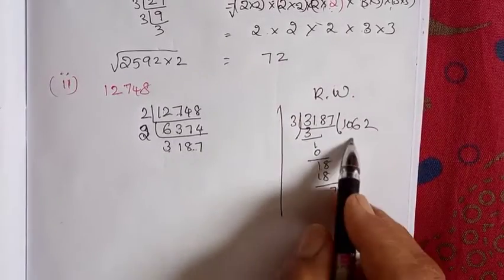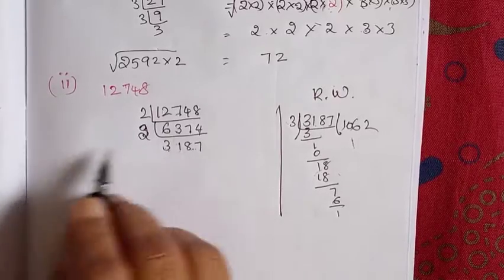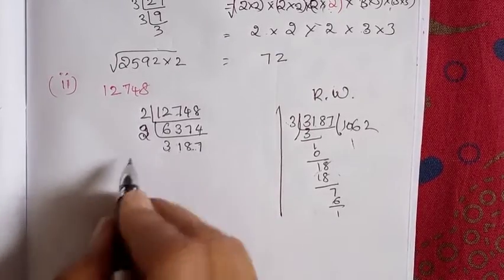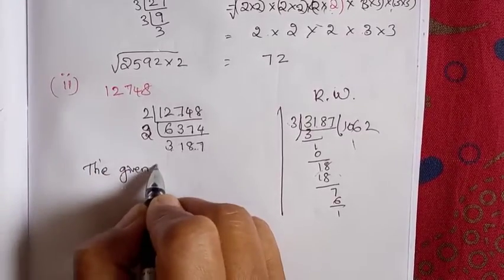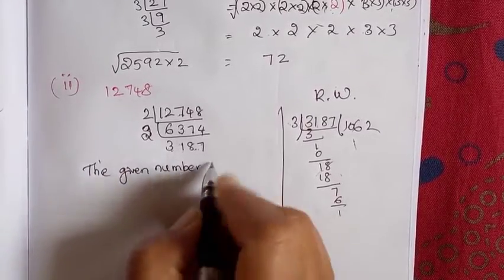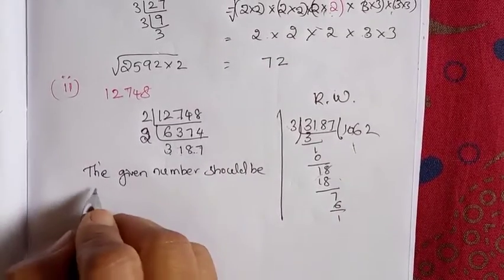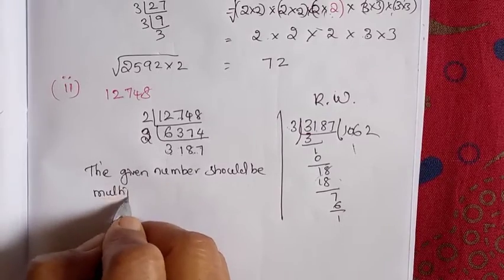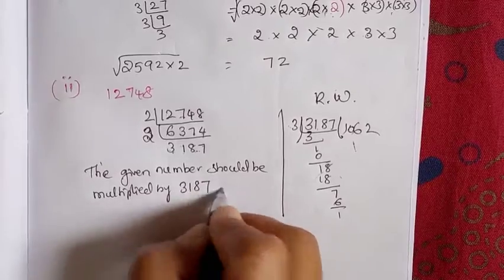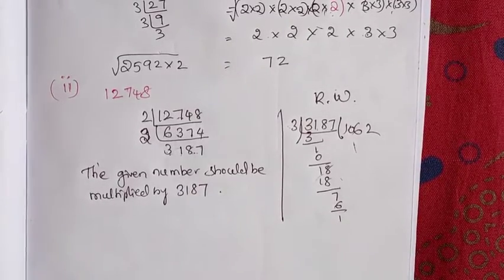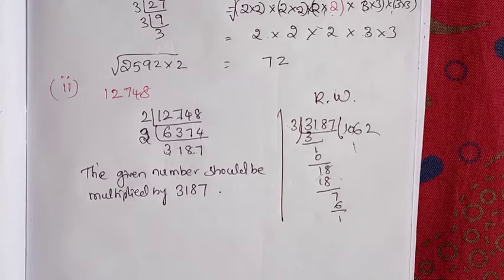You won't get any number, so this is actually a prime number. So we can write directly that the given number should be multiplied by 3,187.